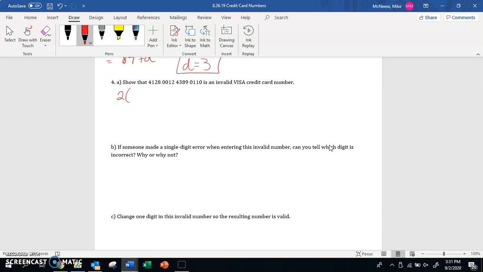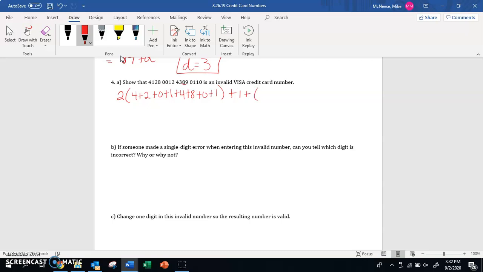So I'm going to have 2 times 4 plus 2 plus 0 plus 1 plus 4 plus 8 plus 0 plus 1 plus step 2, I add up all the odd digits that are greater than 4, which in this case I only have 1, which is this 8 right here.